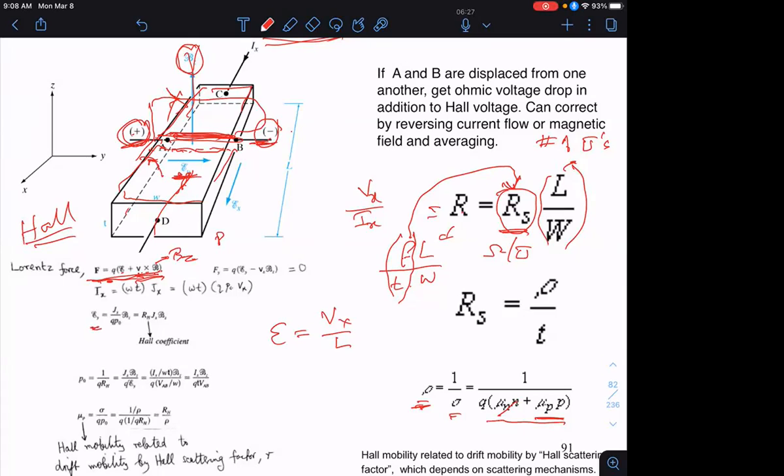So that Hall field, Ey, just simple algebra, okay, in terms of the current, which is given by the cross-sectional area, width times thickness, times the current density Jx in the X direction.